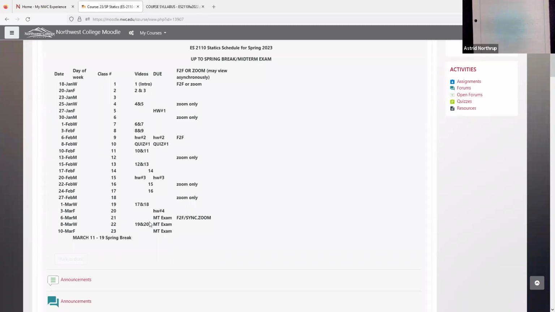But I do strongly recommend that you not wait till the night before the assignment is due to try to do the whole thing, because even if it only looks like there's 11 problems, it will not go well for you. So please keep up, and make appointments with me to work with me individually while you're working on the stuff, so that when you have problems, we can sit down together.